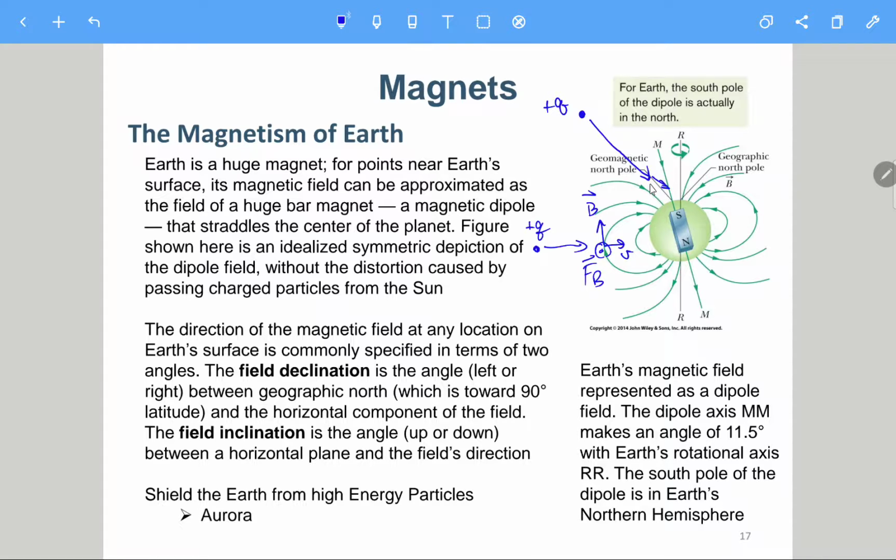V cross B is V times B sine theta, where theta is the angle between V and B. Suppose V and B have a small angle between them, then the Lorentz force will be small, and the charged particle will be injected to the Earth.